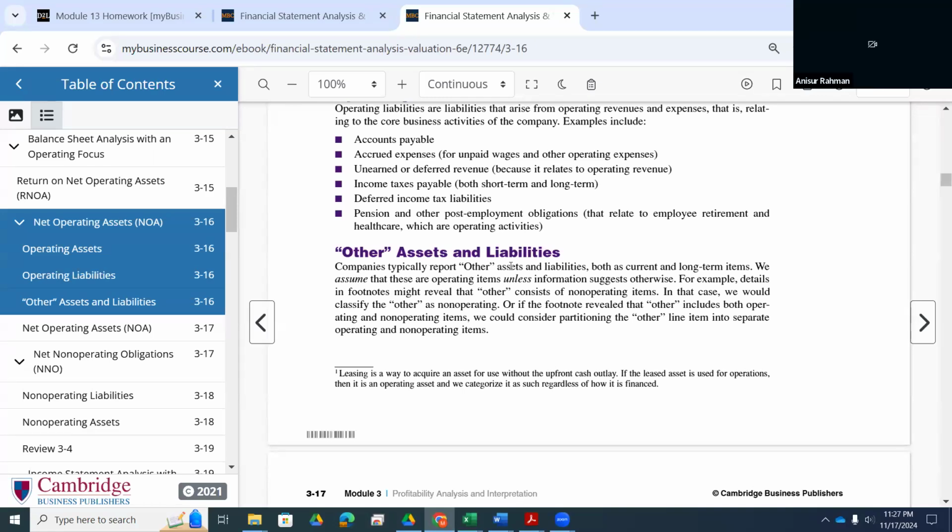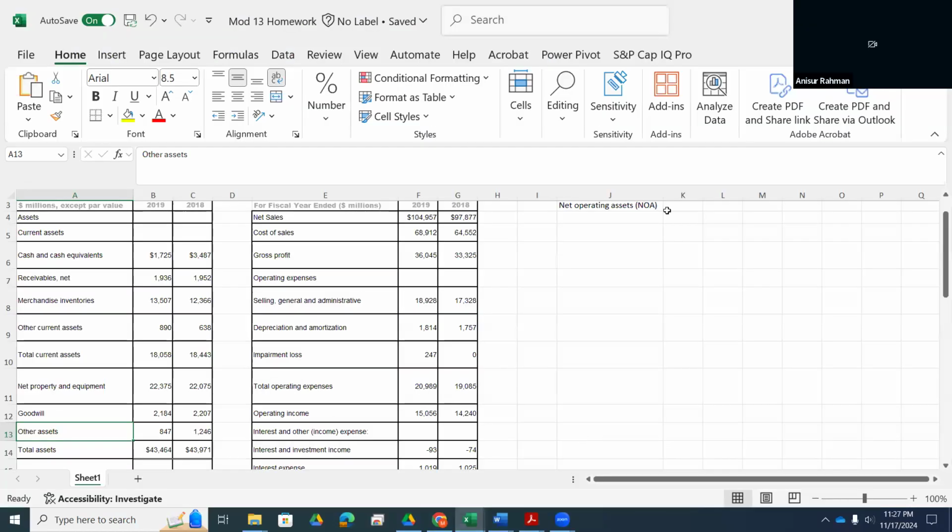Companies typically report other assets and liabilities both as current and long-term. We assume that these are operating items unless information suggests otherwise. For example, details in footnotes might reveal that other consists of non-operating items. So let us continue our work.